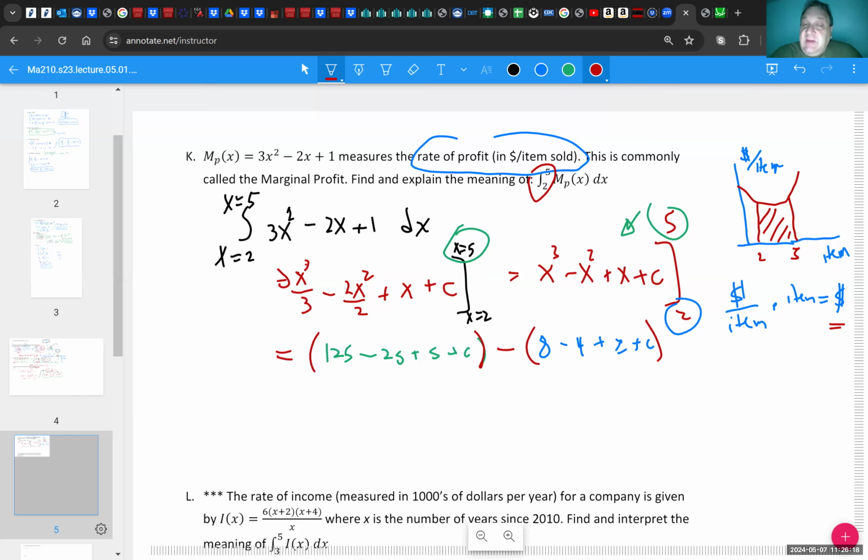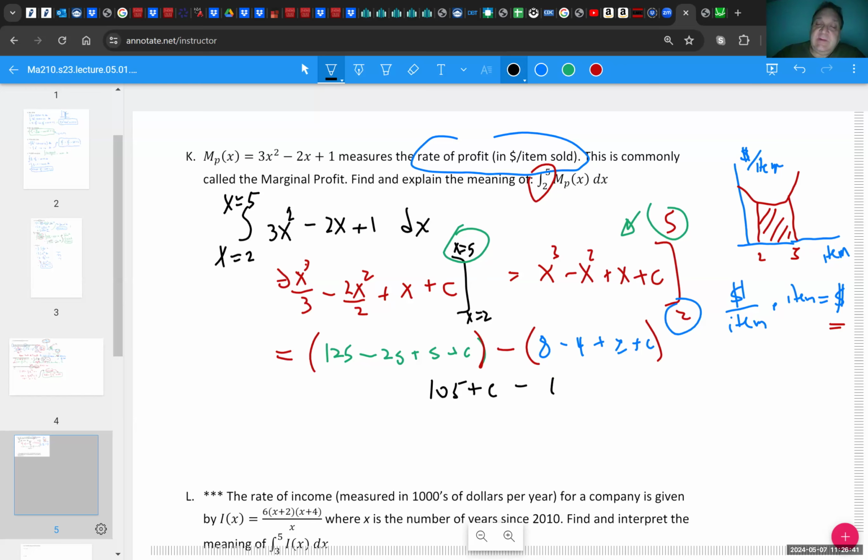and subtracted, as we know the fundamental theorem of calculus allows us to calculate the definite integral. All right, well, 125 minus 25 plus 5, that's going to be 105 plus c. We have 8 minus 4 plus 2.